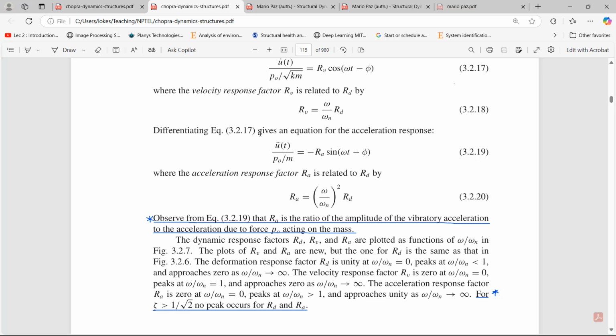So what is the damping ratio of the system? Zeta is 0.0491.